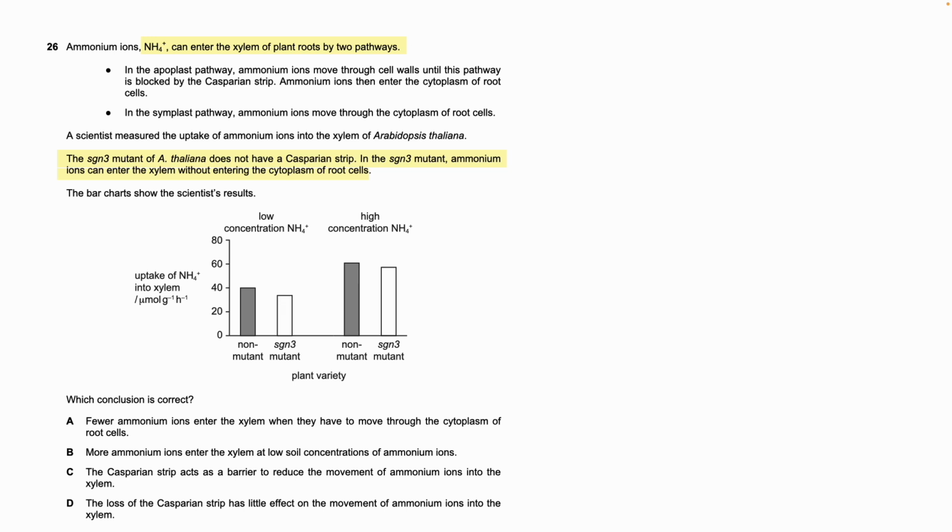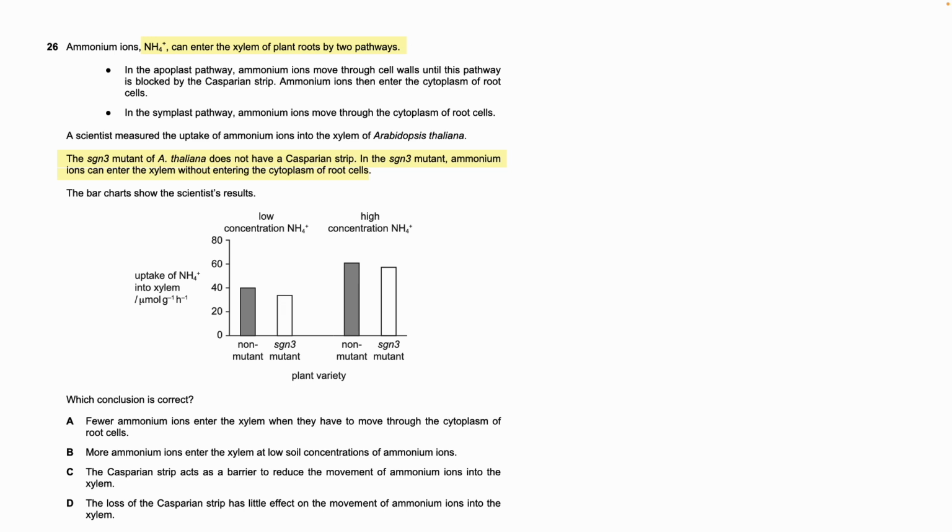Here they have non-mutant and mutant varieties, compared in two conditions, one in low concentration of ammonium ion and the other in high concentration. So which conclusion is correct, they are asking.